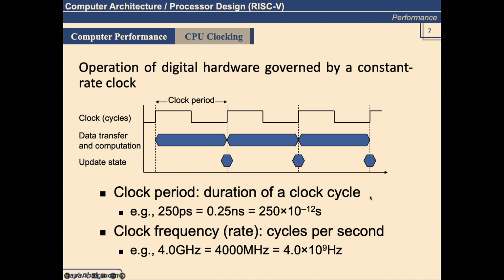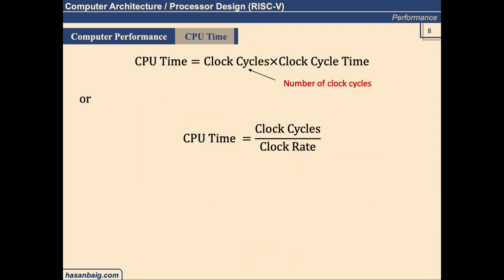All right, so we are learning to calculate the performance, and we will be focusing on CPU time. We can calculate the CPU time with this formula. CPU time is the amount of time taken by a processor to complete a certain task.